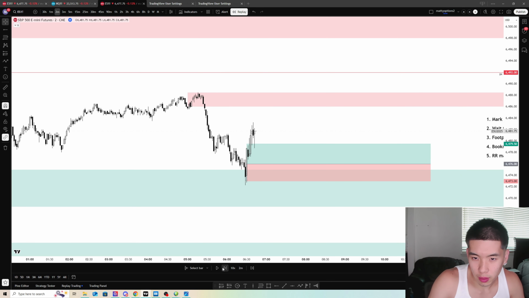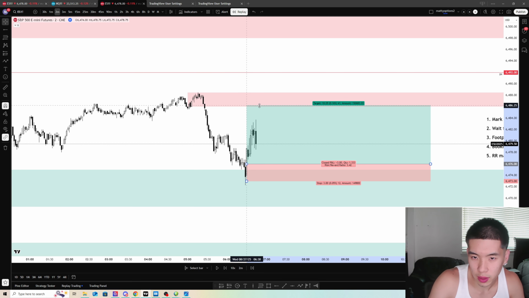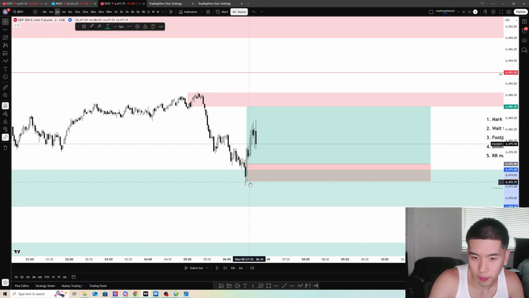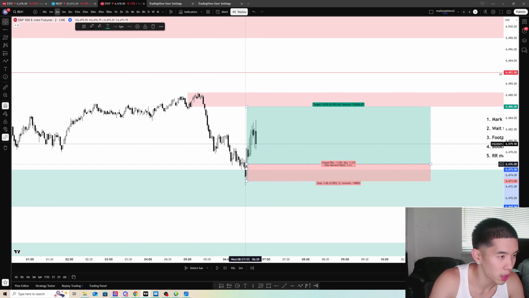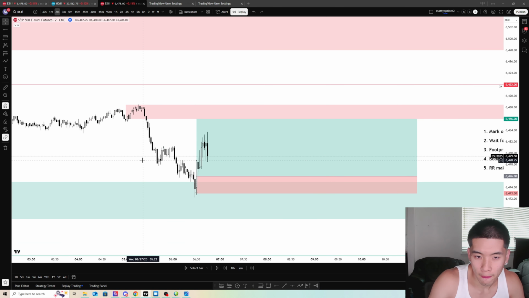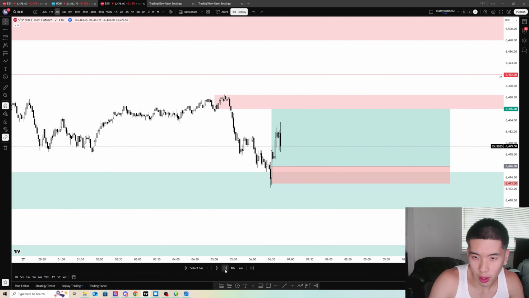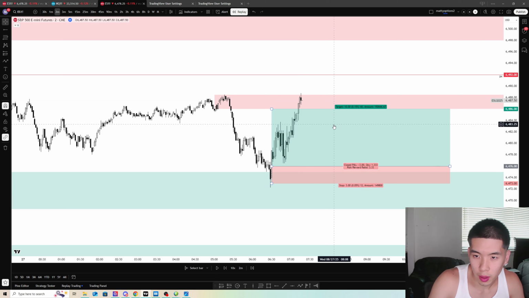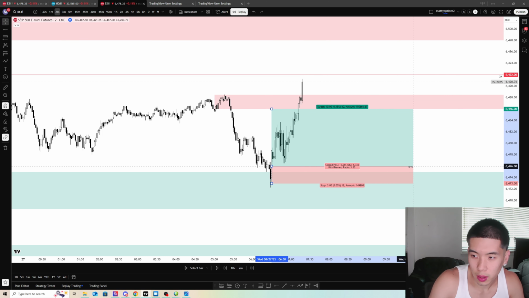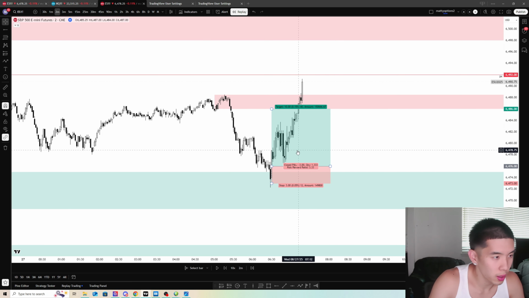So even entering here at the 76s, you would have stopped at 73, and this would have never stopped you out because you would have gotten it on the way up. But even entering here and targeting the next level of supply, right? This was 10 points exactly, which was a 3.3 RR trade.